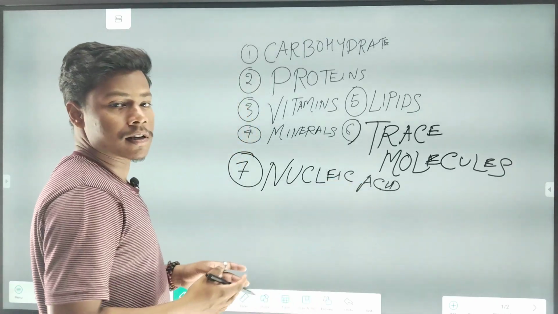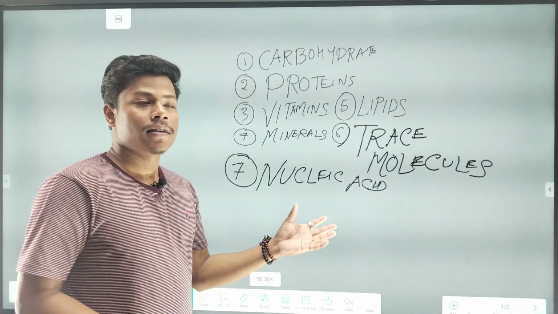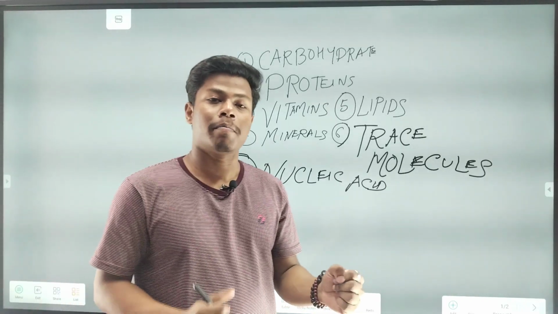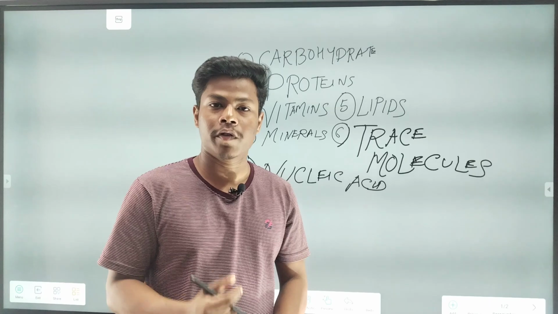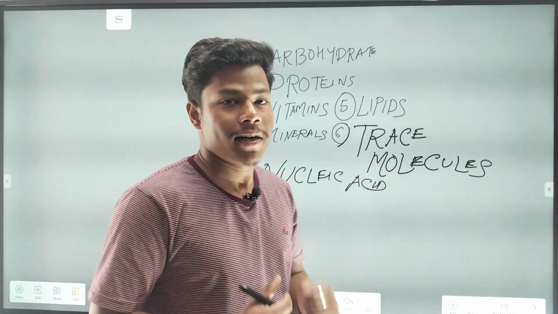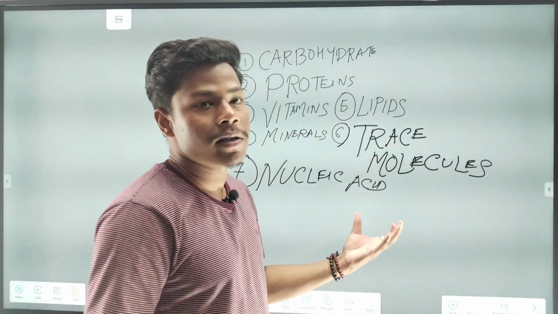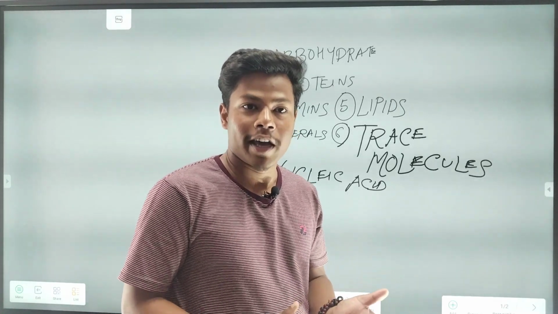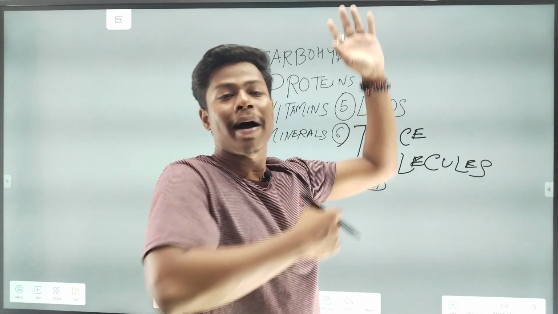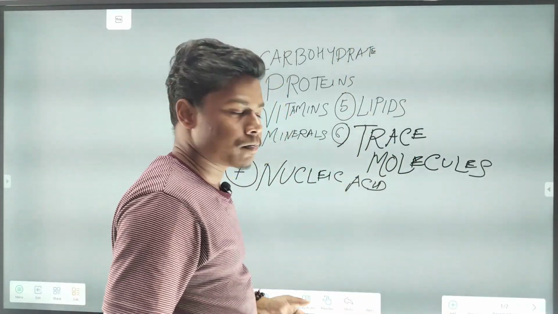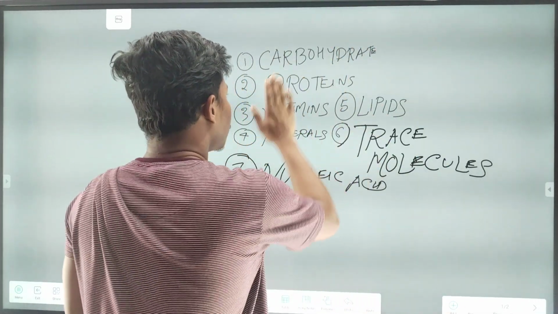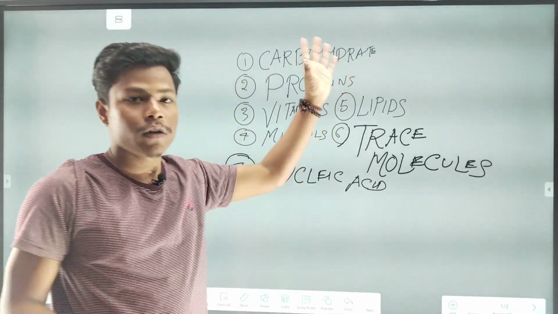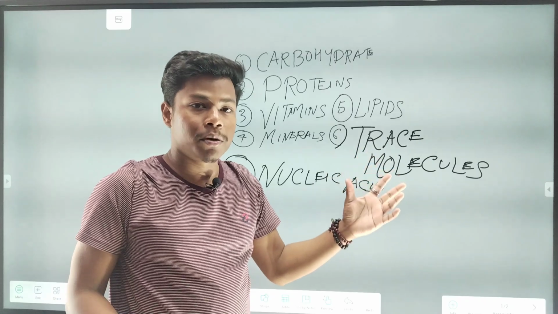So these seven are basically called the biomolecules which are required for the proper growth, maintenance, metabolism, reproduction of a particular organism, a particular life. Without these elements, a life is not possible, a life will not be able to survive. That's why they come under the biomolecule group.